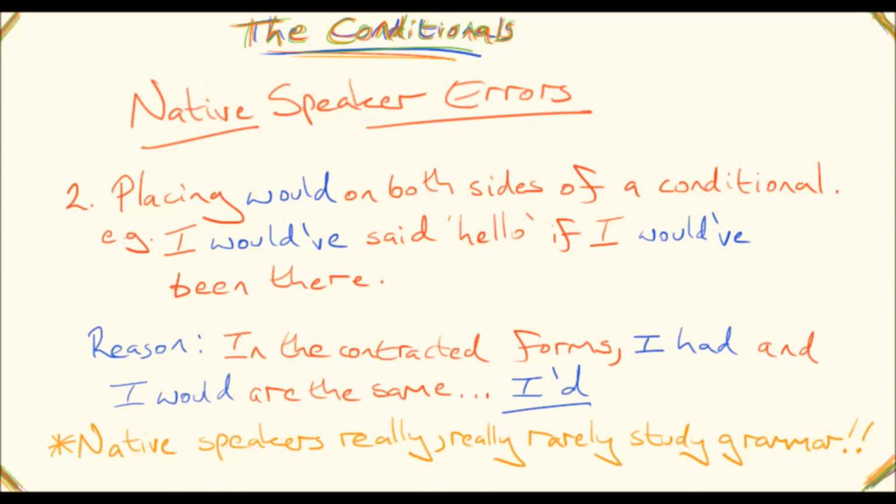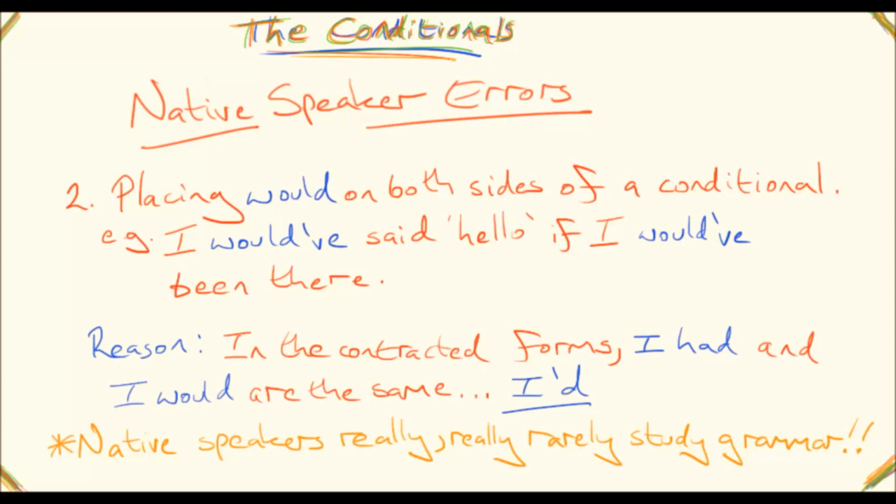It shouldn't be there. The reason for this error is, well, in the contracted forms, "I had" and "I would" are the same: I'd, I apostrophe D. But we've also kind of got running in our heads what seems to be correct and what sounds right after the word "have." And so we've got this mixed up situation where we've said "would have" when we mean "had been there."